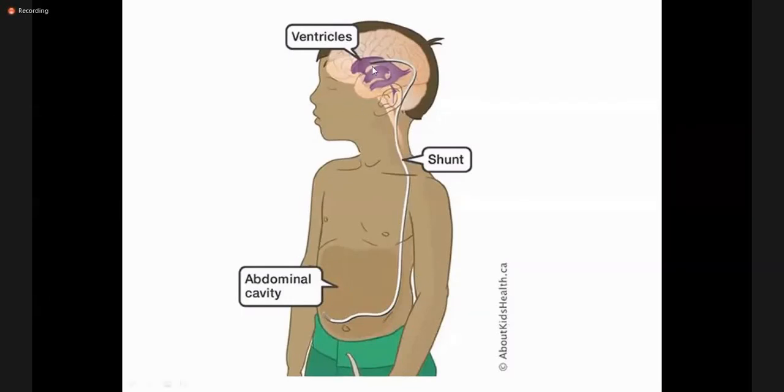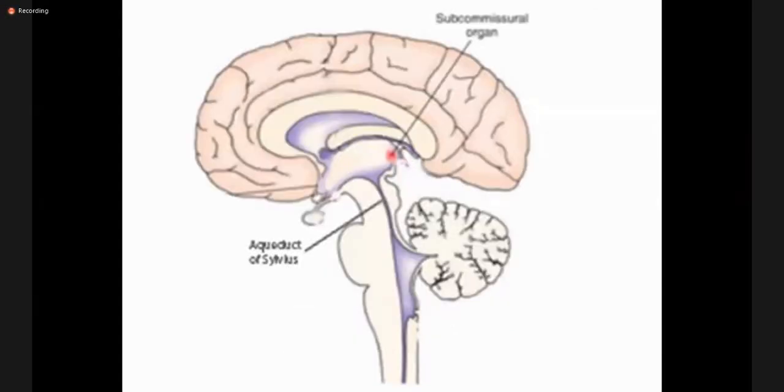But the most common procedure which we do is usually ventriculoperitoneal shunt because it is the easiest. Almost every neurosurgeon knows this procedure. Less complications than all other types of shunts, so we do ventriculoperitoneal shunt usually. सही है? So this is again ventricular system.